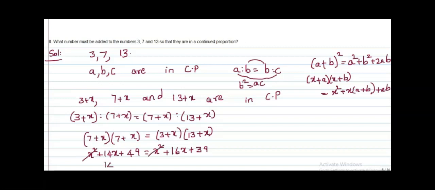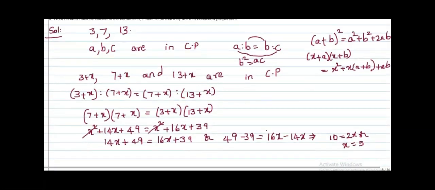Then we have 14x plus 49 is equal to 16x plus 39, or 49 minus 39 is equal to 16x minus 14x, which implies 10 is equal to 2x, or x is equal to 5.